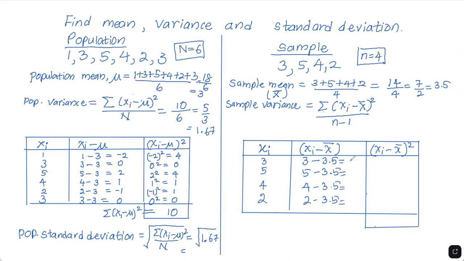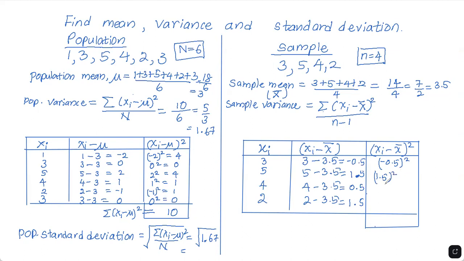First, let's calculate these differences: 3 minus 3.5 is negative 0.5, 5 minus 3.5 is 1.5, 4 minus 3.5 is 0.5, and 2 minus 3.5 is negative 1.5.